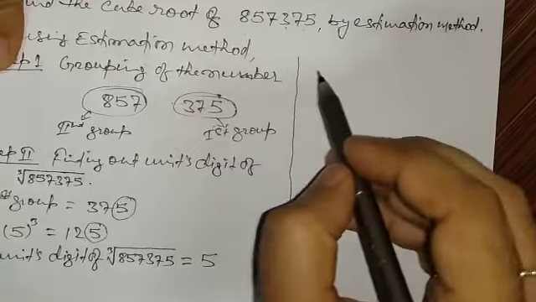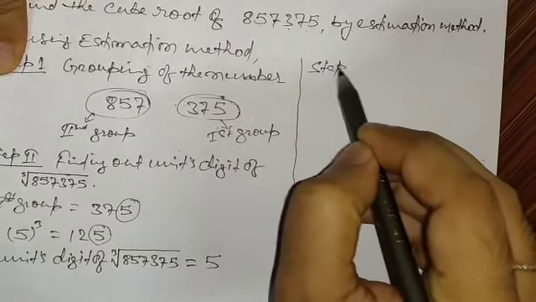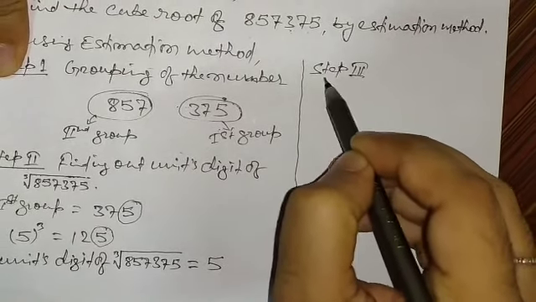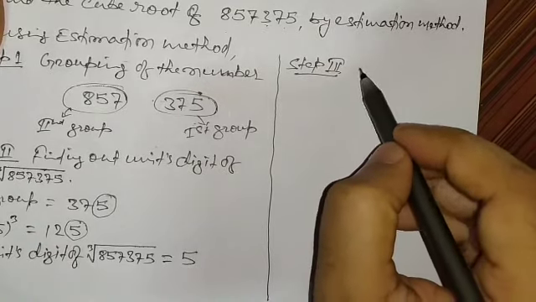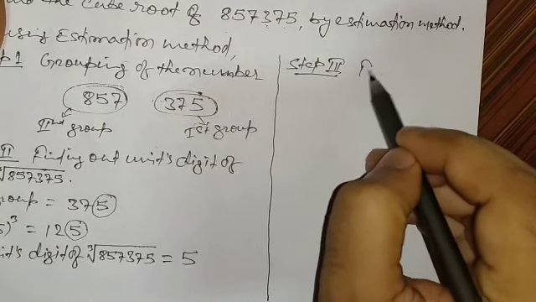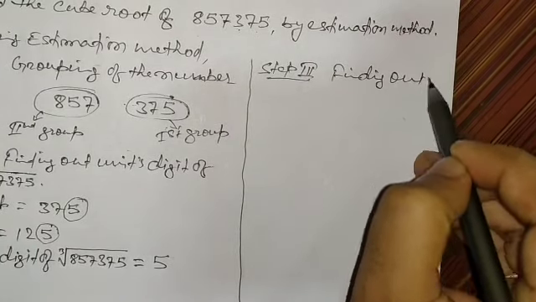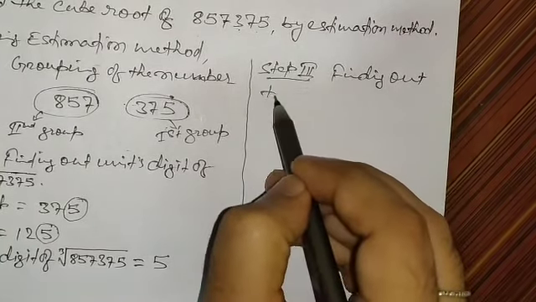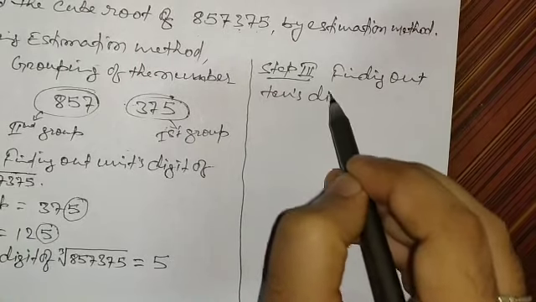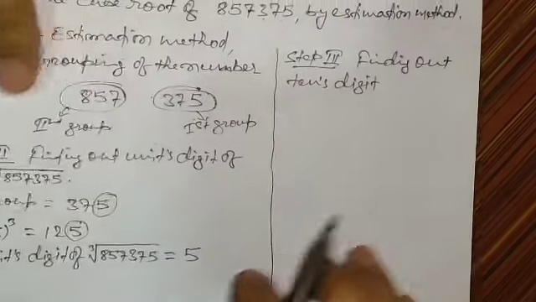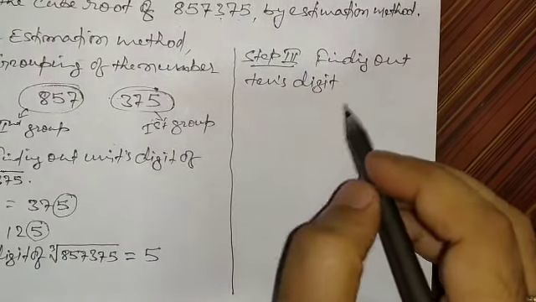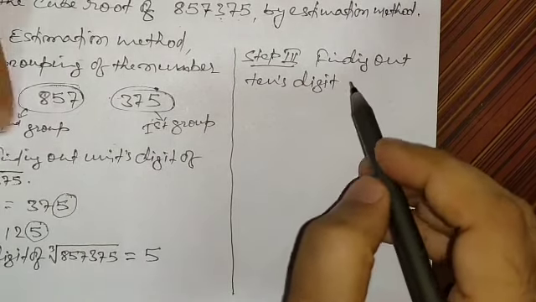Now we are going to work on step 3. We are going to work on finding out the tens place digit. So step 3 is based on finding out the tens digit. I hope so, and I just try to make you people understand this particular concept.